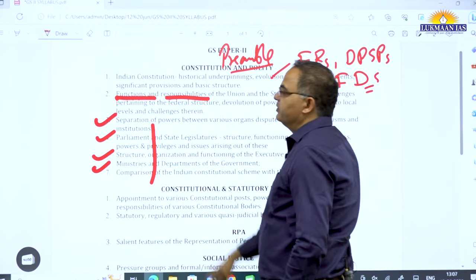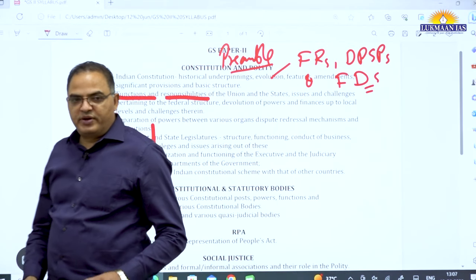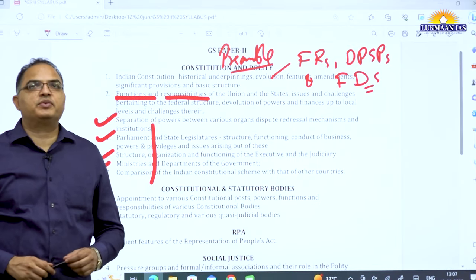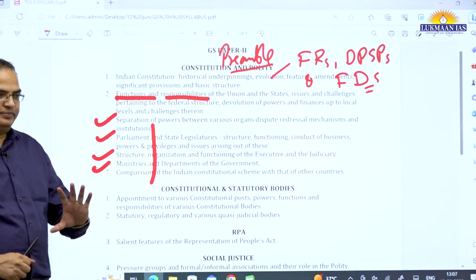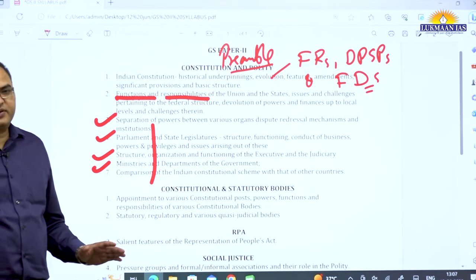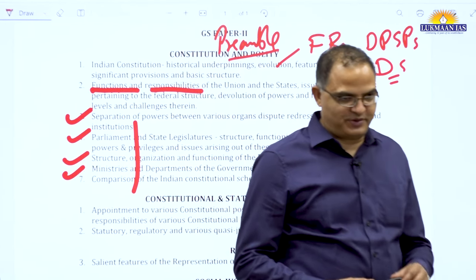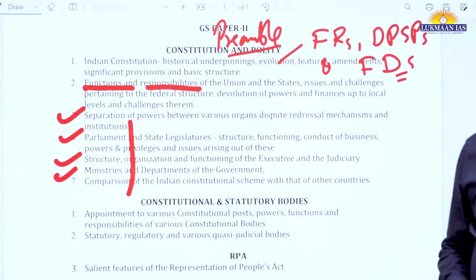They have not mentioned those things, but the first topic will cover them. It is the most important part of your polity section, the core and most critical part of the polity section.